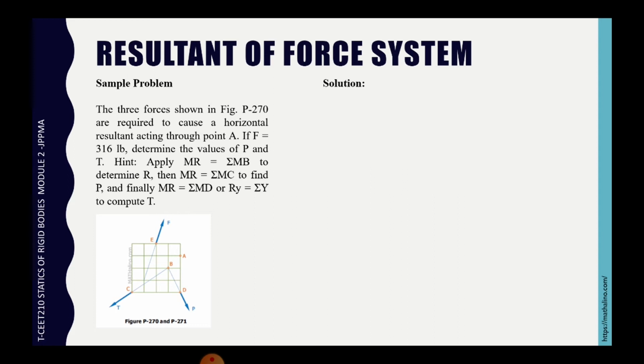For the sample problem, the three forces shown in the figure are required to cause a horizontal resultant acting through point A. If F is equal to 316 pounds, determine the values of P and T. Ayan, there's a hint.